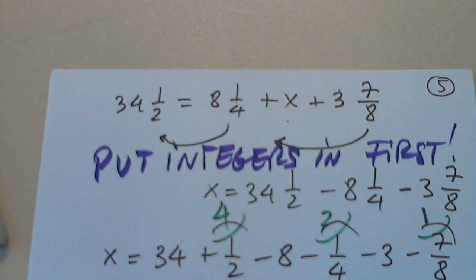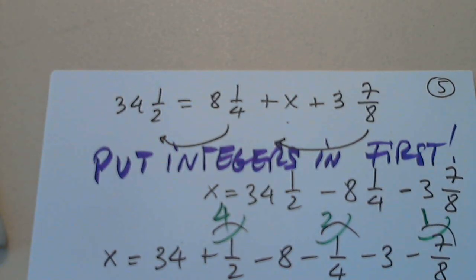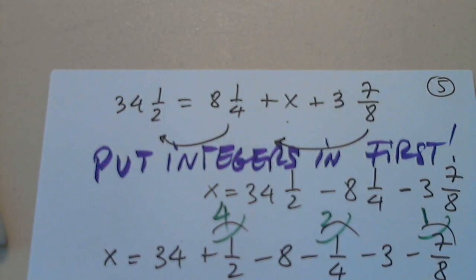Okay, so these were operations with mixed numbers. Now we have equations with mixed numbers and the order of operations. So let's take a look. So let's see what we want to do here.